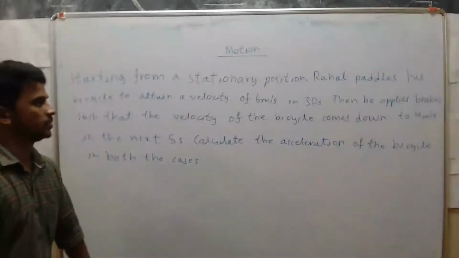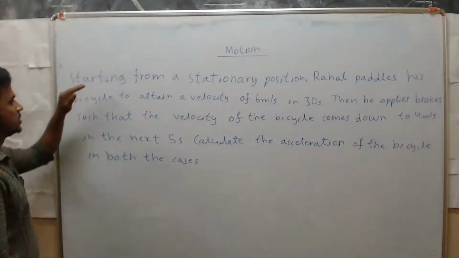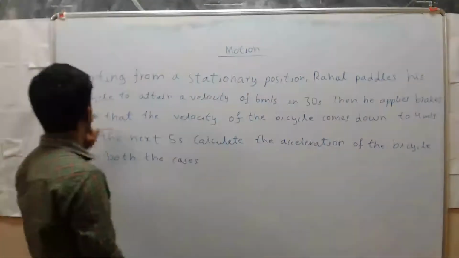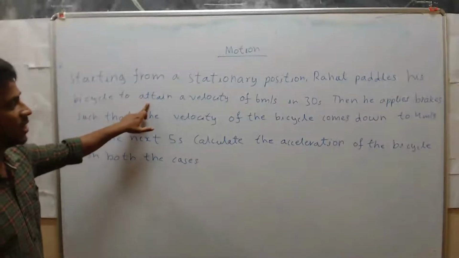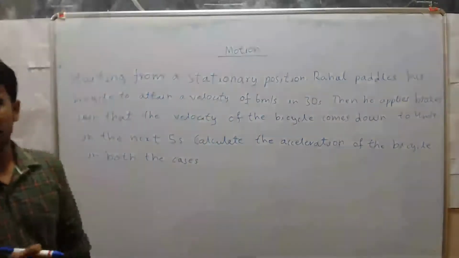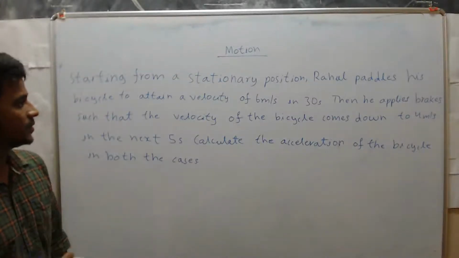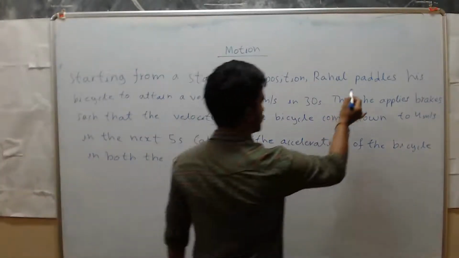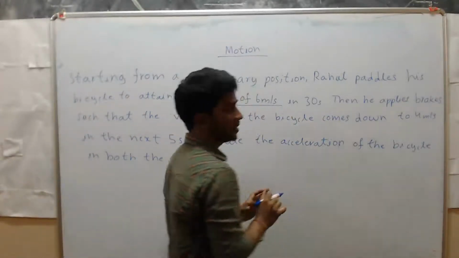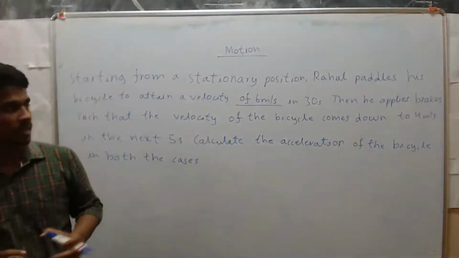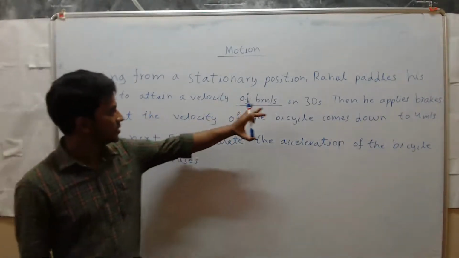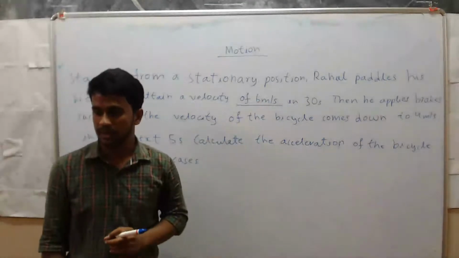Now see here, starting from a stationary position, Rahul pedals his bicycle to attain a velocity of 6 meter per second in 30 seconds. To gain velocity, he will pedal that bicycle, and he gains that velocity, 6 meter per second.